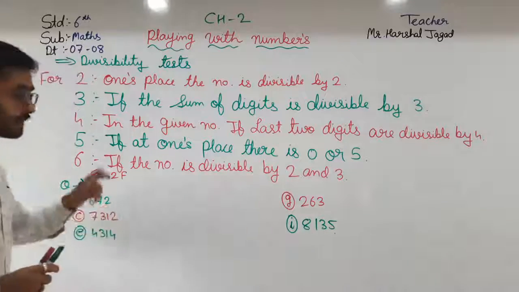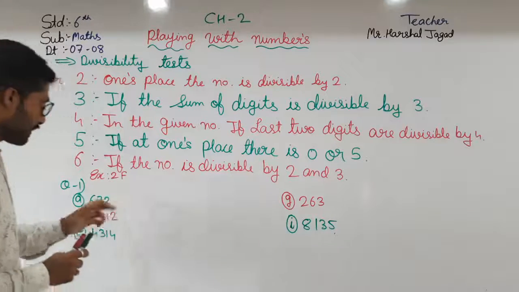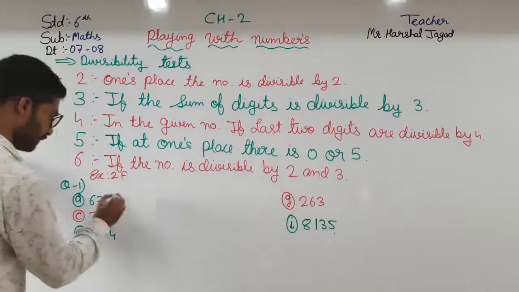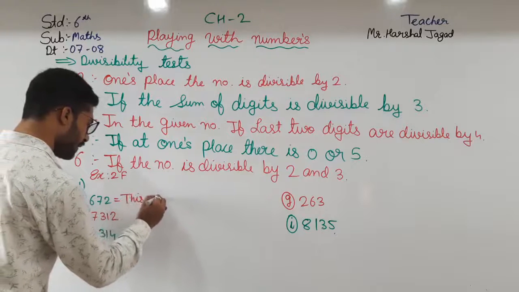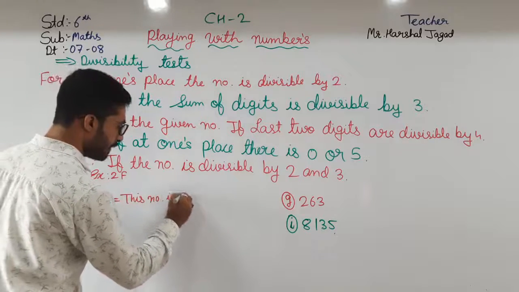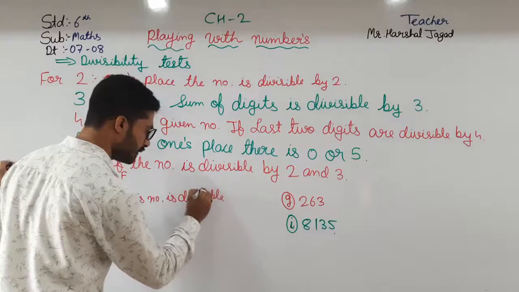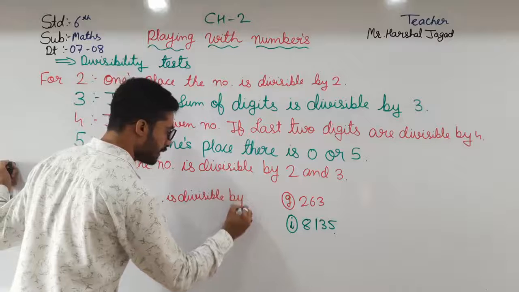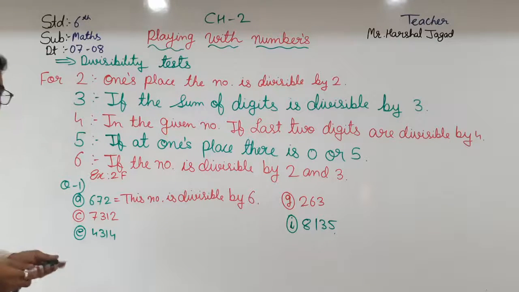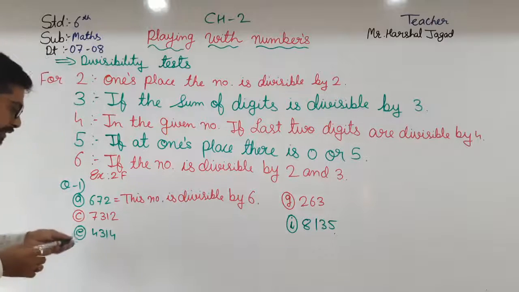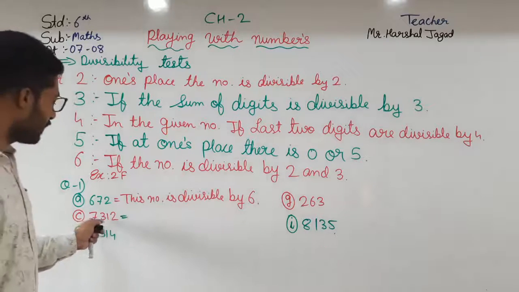So this number is divisible by 2 and this number is divisible by 3. So this number is divisible by 6.